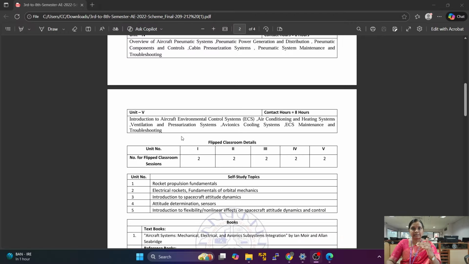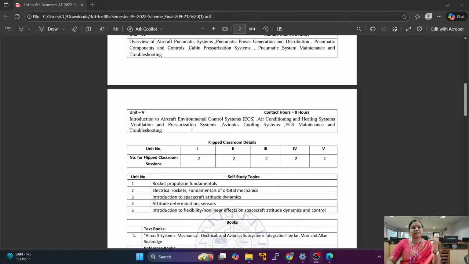And whenever your aircraft is on the ground, if it is on the taxiway or in the hangar, it may be exposed to cold environments. So you require the heating systems in order to maintain it in a proper way.